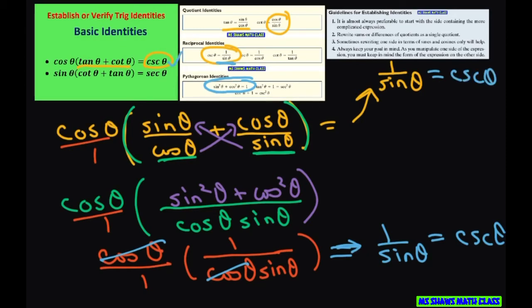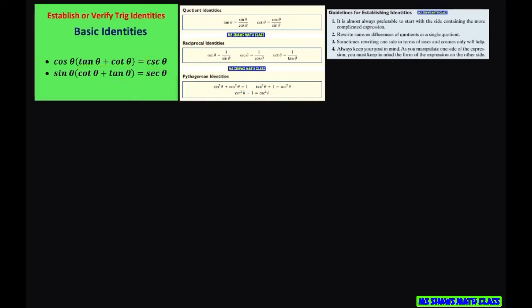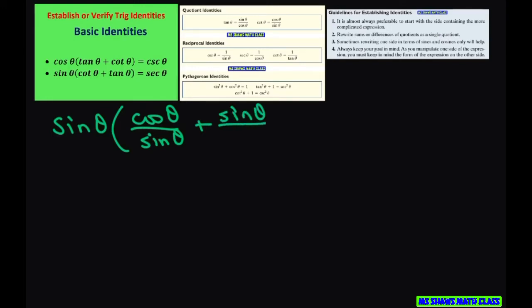All right, now you might want to try to do the next one by pausing the video and try to practice. So for the next one, we do the same thing. Sine of theta, let's rewrite cotan as cosine of theta divided by sine of theta, and tan of theta is going to be sine of theta divided by cosine of theta.